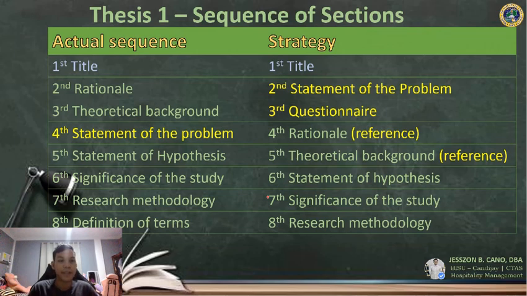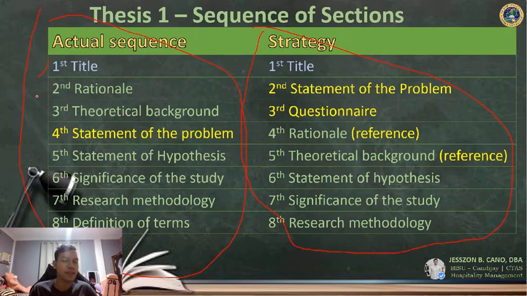So we will discuss the sequence of sections. On the left side, this is the actual sequence, the actual pattern, and on the right side, this is the sequence based on the strategy. In the actual sequence, you have first the title page or the title of your study, then you will create a rationale, and then a theoretical background or literature background, and fourth, statement of the problem.